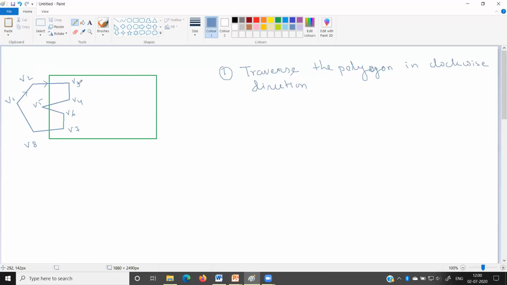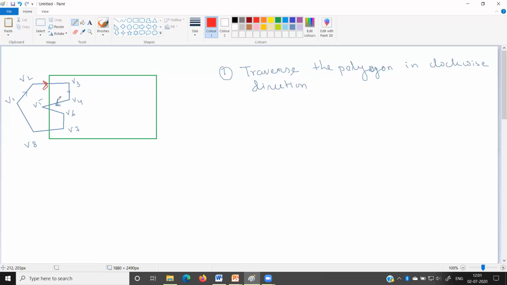But while you are moving from inside to outside, that means for this case V4 to V5, in that case you have to consider the boundary of the clip window. Okay. So two cases are there. The first case is if you are moving from out to in, you have to consider the polygon boundary.